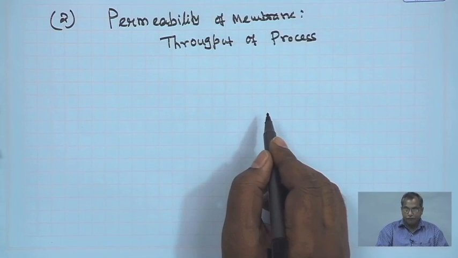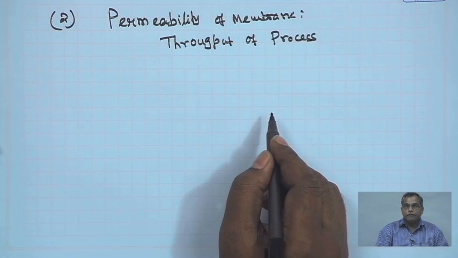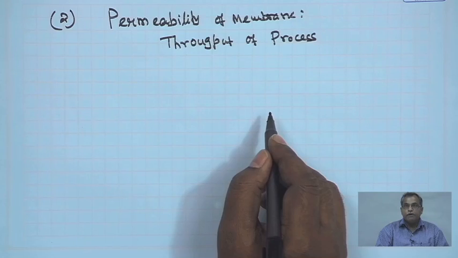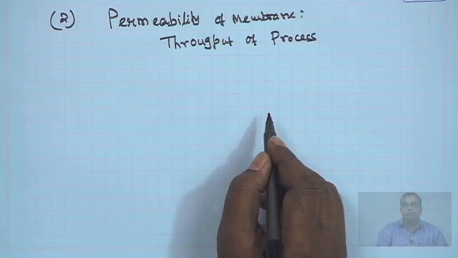It physically means how porous my membrane is. So, if my membrane is very porous, then I should have a higher permeability of the membrane. Now we will be discussing how the permeability of the membrane is measured.